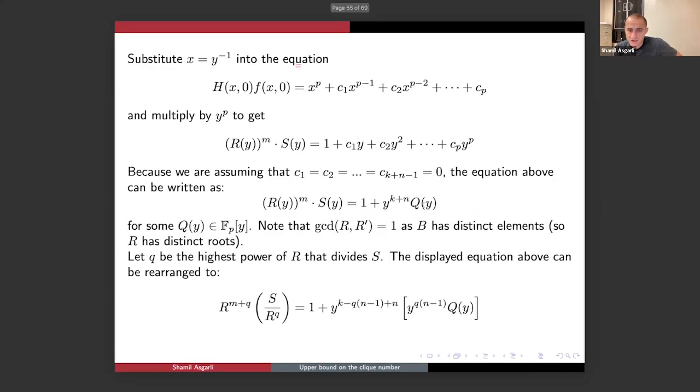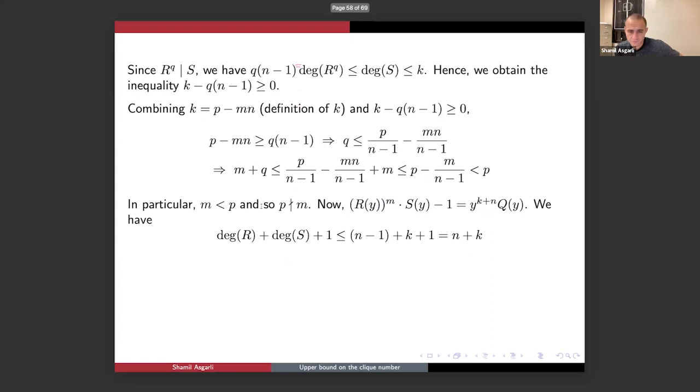So this was actually here. We're just rewriting it in the next slide. But if you look at the degree of R plus the degree of S plus 1, what do we get? The degree of R is at most n minus 1. The degree of S is at most K. So this gives you this. That means the degree of R plus the degree of S plus 1 is at most n plus K.